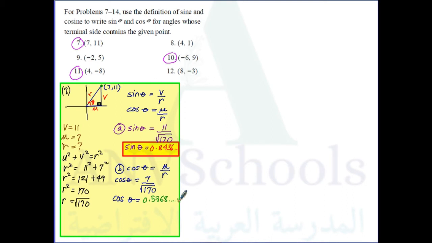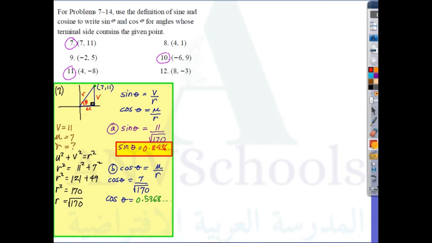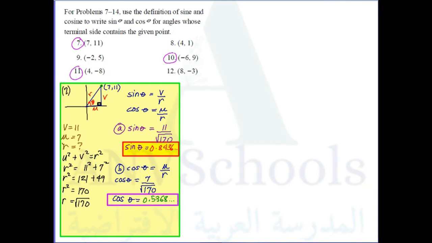So this is our cosine of theta. Are we correct with the signs? Look, it is in quadrant 1, meaning that both sine and cosine are positive. So our cosine is positive, and our sine is also positive. Now we have the sine and cosine of theta.